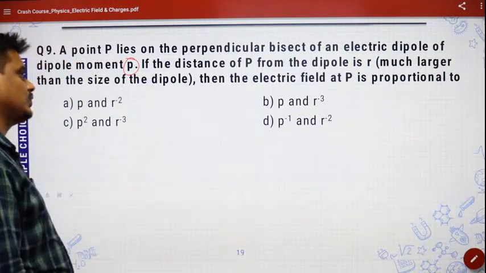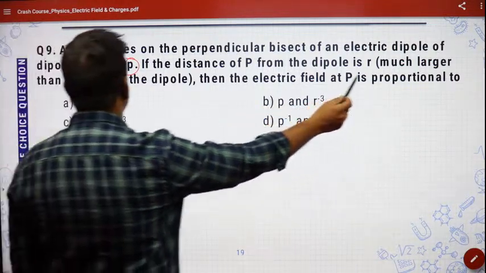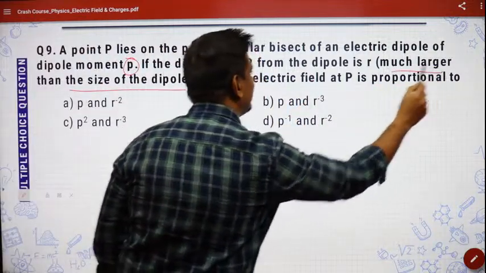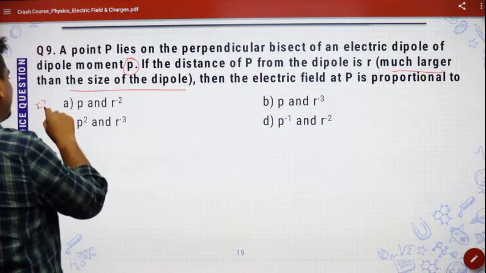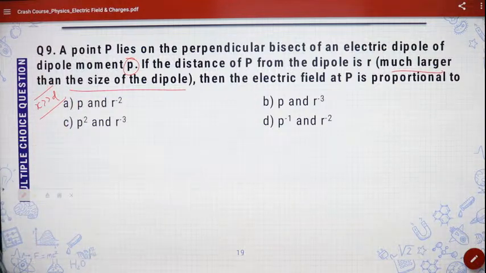They have said very clearly that r is much larger than the size of the dipole, so x is very much bigger than d.